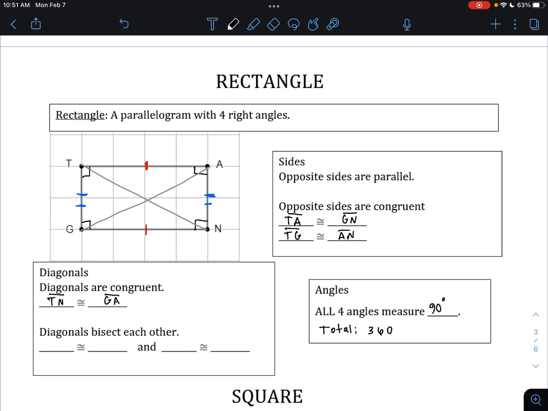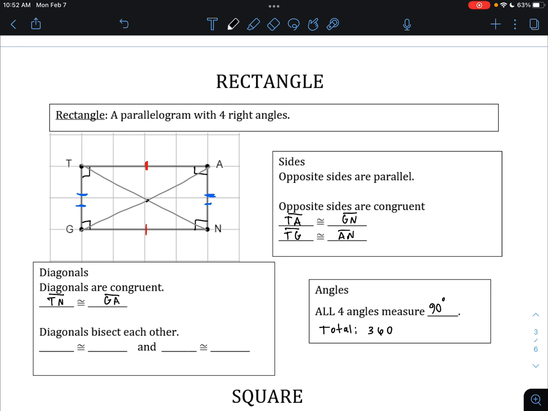Now, since this is a parallelogram, I also know that the diagonals bisect each other. This is not new. This is one of the other properties that apply to all parallelograms. The diagonals being congruent is new. That's only true of rectangles, at least so far. But we do know that the diagonals bisect each other.